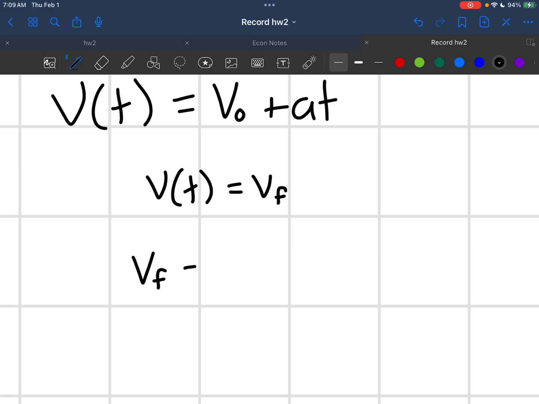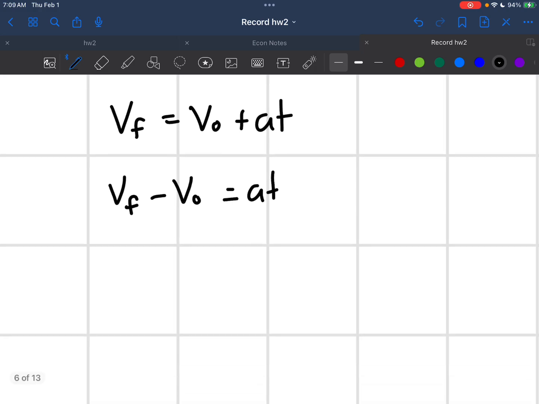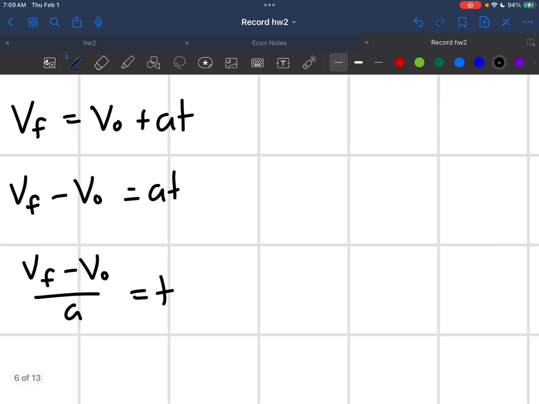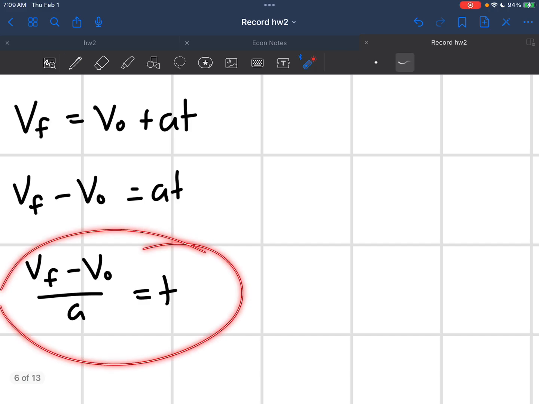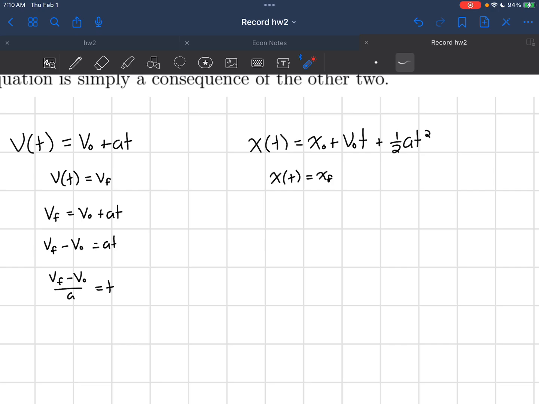So I'll have vf equals v naught plus at. Now if I'm solving for time, I'm going to subtract v naught from both sides. So I'll have vf minus v naught equals at. Then I can divide by a on both sides of my equation, get vf minus v naught over a equals t. All right. Now that I have time, I can plug in to my other equation over here.